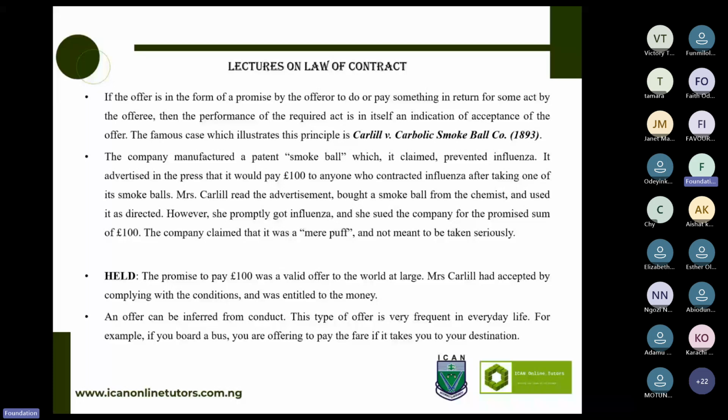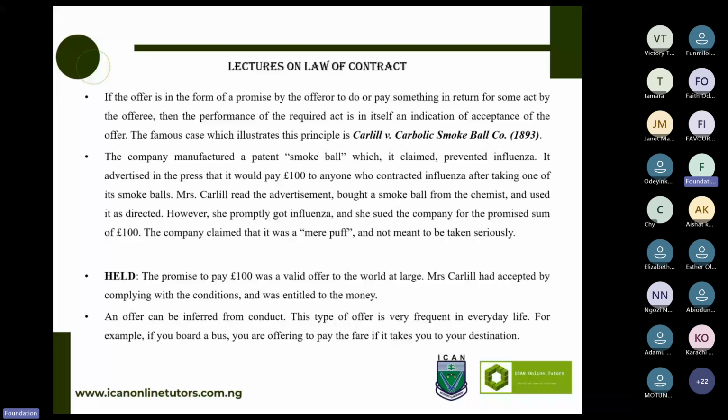But eventually, somebody somewhere needs money, followed the instruction, and at the end of the day contracted the influenza. And then she went to them to say, hello, my people, I'm here to collect my gift as promised. And they said, no, it's a mere puff. Mere puff is interpreted to be invitation to trade.